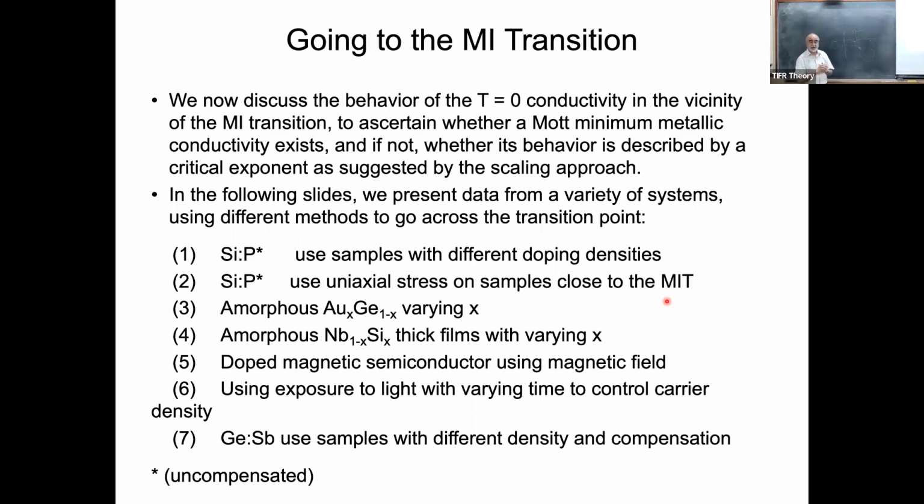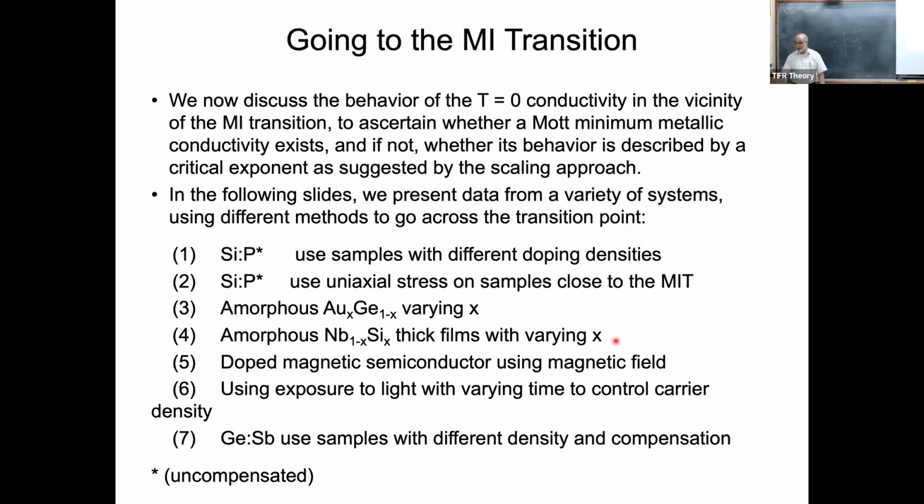That's exactly how the first experiment was done, by Tom Rosenbaum, who was at that time a Princeton graduate student working at Bell Labs with Gordon Thomas, and I was the theorist working with those two. Very soon there was data in amorphous gold germanium films. This was from Illinois, which my advisor Bill McMillan was involved in.